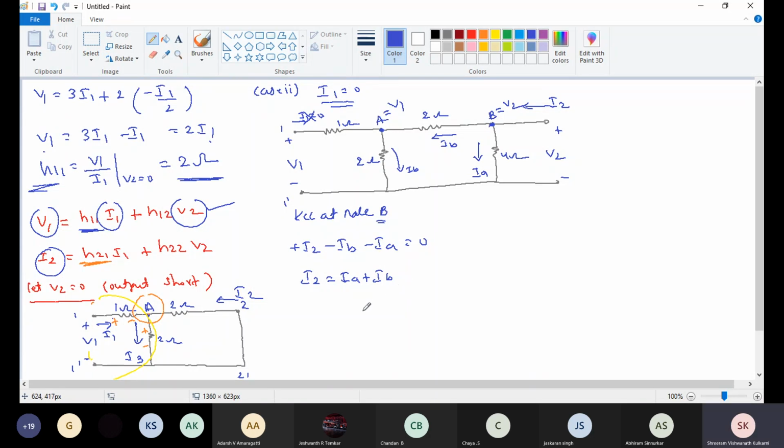But we know this current, we know the resistance, we know V2, so we can calculate IA. We know IA is equal to, tell me IA in terms of V and resistance. The voltage across this 4 ohm is V2. Then tell me the equation for IA.